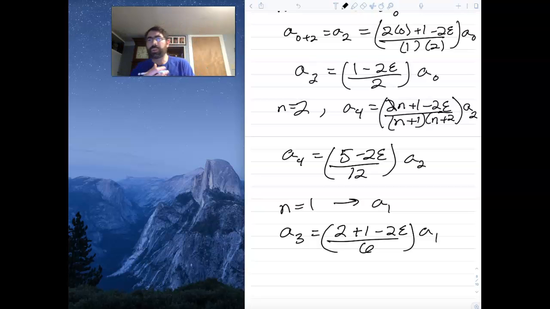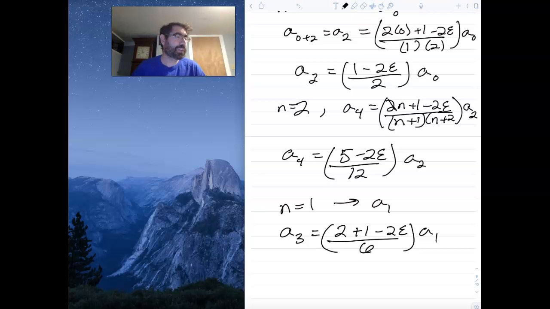But essentially what I wanted to say is if I look at this, there's an upper limit, because at some point, the numerator is going to be 0. Why is it going to be 0? Because that's going to truncate my polynomial.